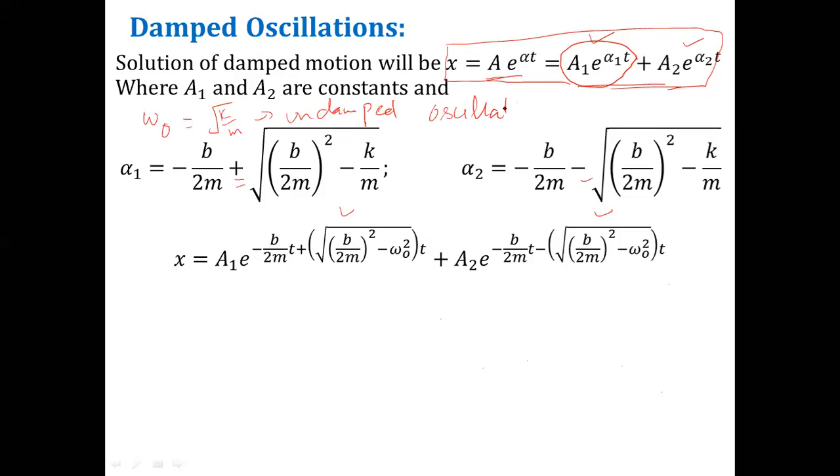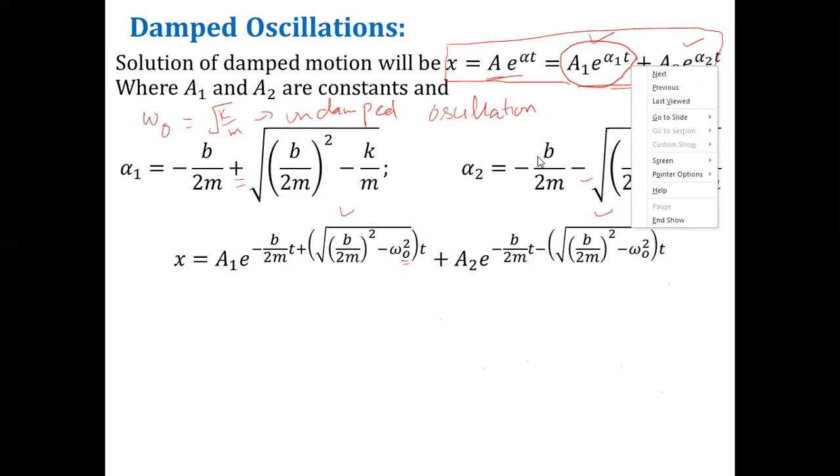I would like to relate my frequency for damped oscillation with this frequency. If I can find some kind of relationship between the frequency of a damped oscillator and an undamped oscillator, that would be a very good expression. So that is why we have put the value of k over m as omega naught square, and this is further multiplied by t here. Similarly, the value of alpha 2 has been put here, and you get this expression over here.